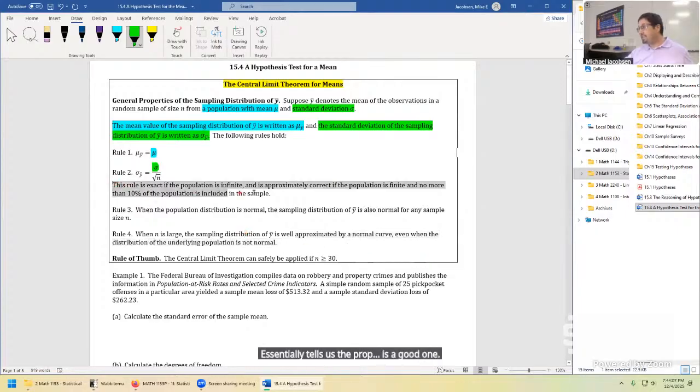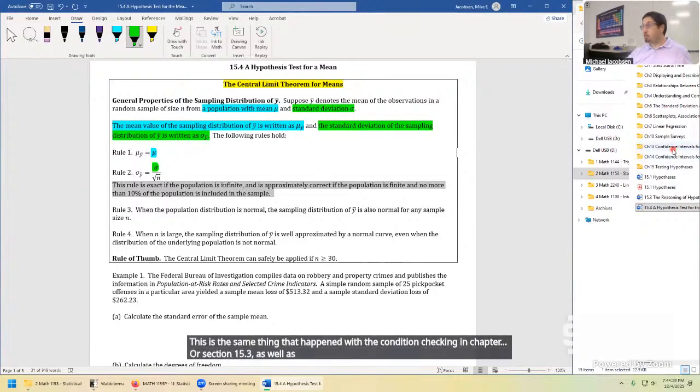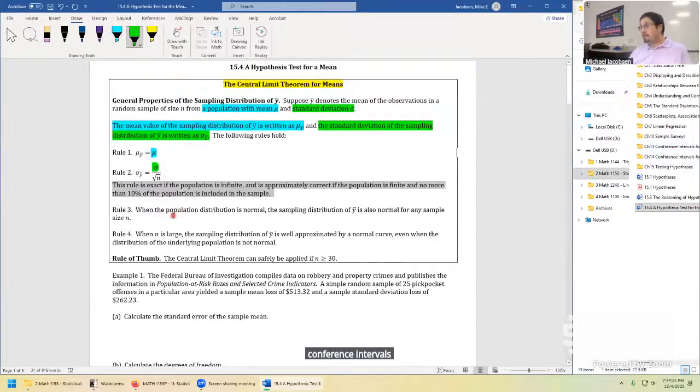There's something else going on you might have noticed I skipped over. This is the same thing that happened with the condition checking in section 15.3, as well as in chapter 13, confidence intervals for proportions. If we have a finite population, then we might have a problem if more than 10% of the population is included in the sample.